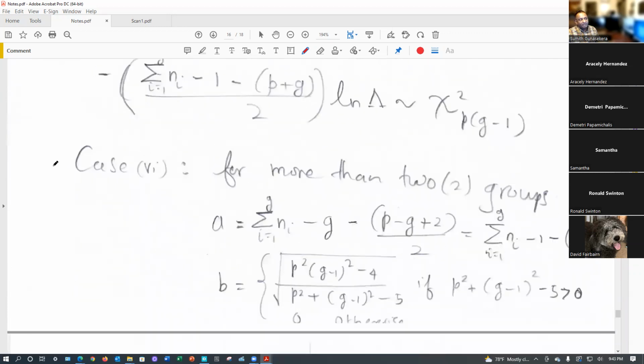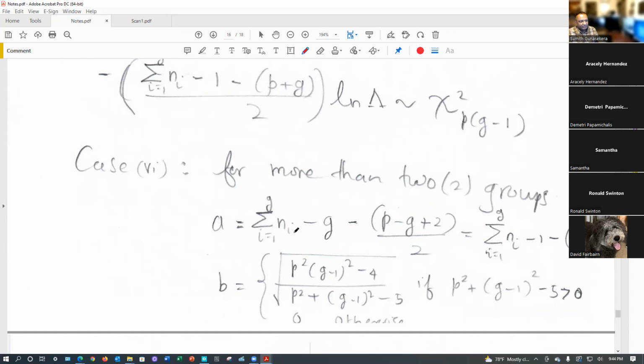Case 6 is if you have more than 2 groups. In my example, I have only 2 groups. They have given A as this one. Sometimes in a textbook, they might give it in different letters. That doesn't matter. Stick to one.